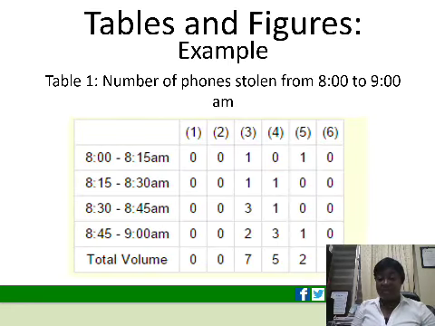And so this is an example of a table. Usually for tables, we put the titles at the top. So you have the number there. So you have table one, and then you have the title of table one. That is the number of phones stolen from 8 a.m. to 9 a.m. You see that your table has a complete heading.